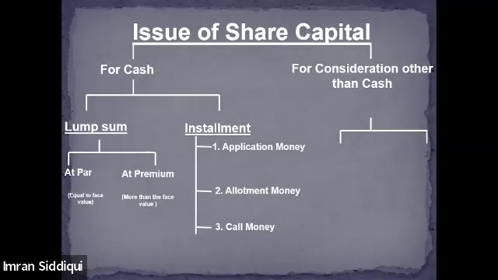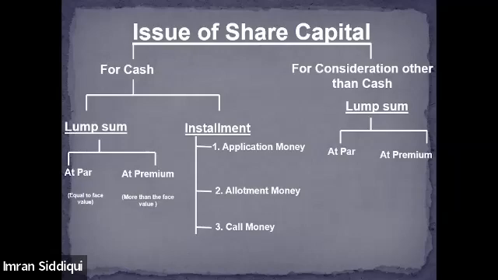On the other hand, when shares are issued for consideration other than cash, in this case, the amount is always received on lump sum basis. No installment is applicable in this situation. And obviously, if it is being received on lump sum basis, it could be at par or at premium.